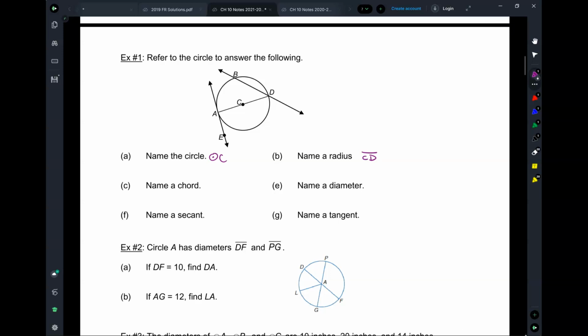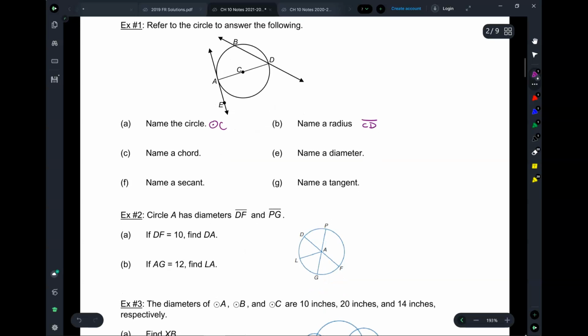You were tiny little post 8th graders at the time. Now, you're practically 10th graders, so no more, oh, I forgot. Name a chord. BD, segment, right? Name a diameter. AD, obviously you could do DA, just put the segment bar on top. Name a secant.